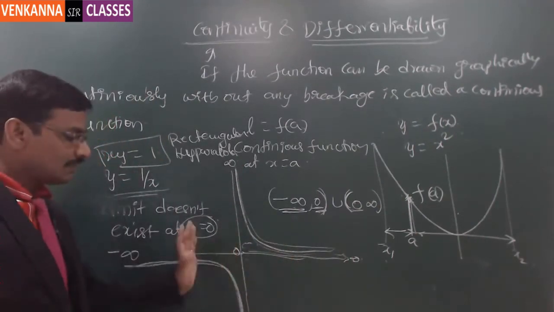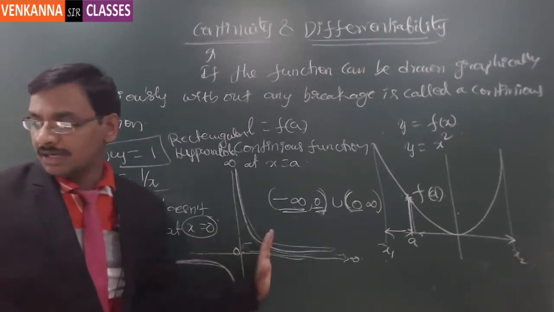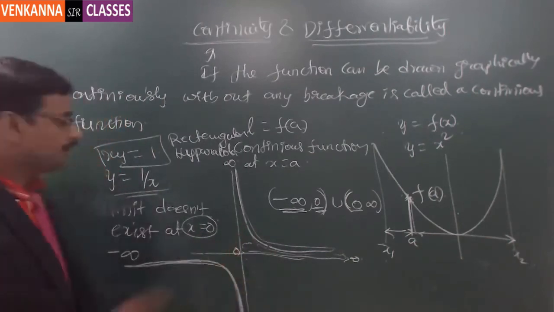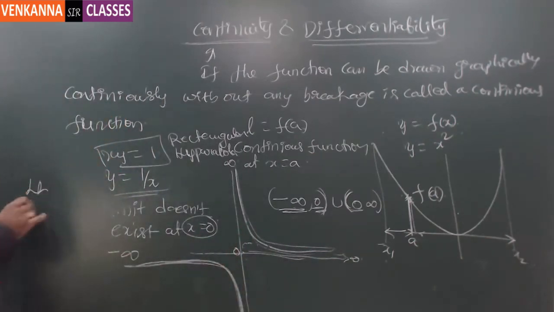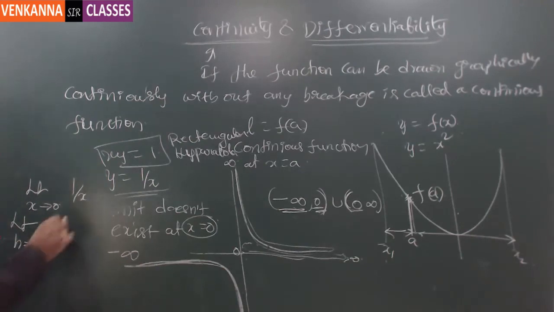You will be testing the left limit and the right limit. To test the left limit, this is limit x tends to 0 of 1 by x. On the left side, that is 0 minus h, take limit h tends to 0 of 1 by 0 minus h.